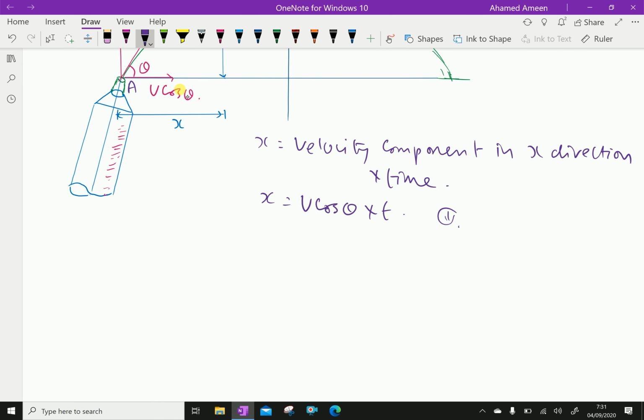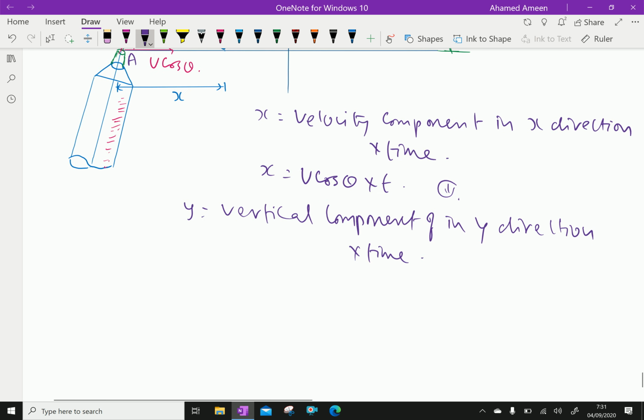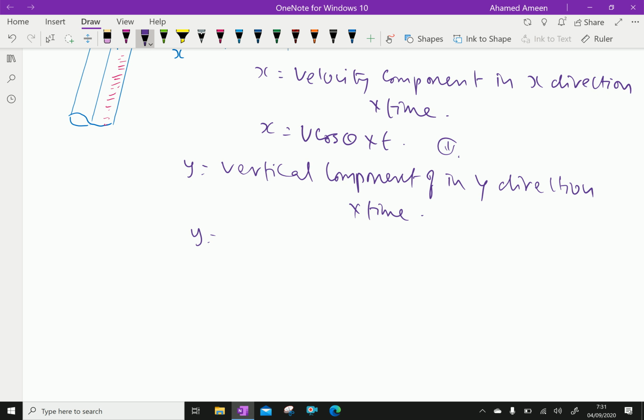Now y equals vertical component in y direction into time. Therefore, y equals u sin theta t minus half g t squared.